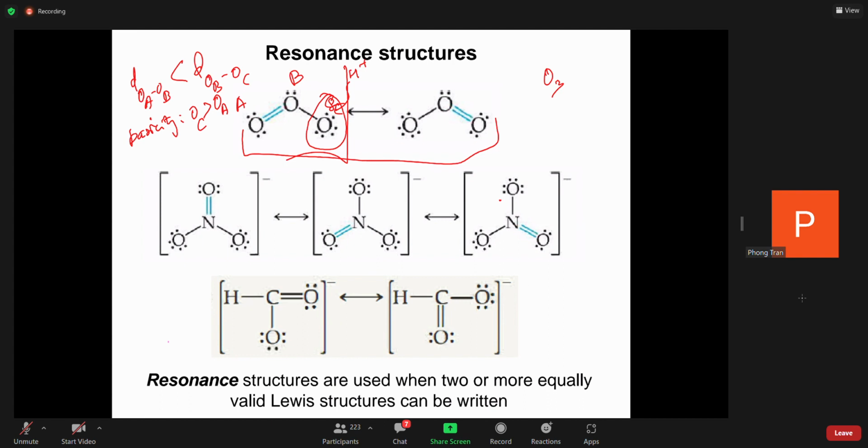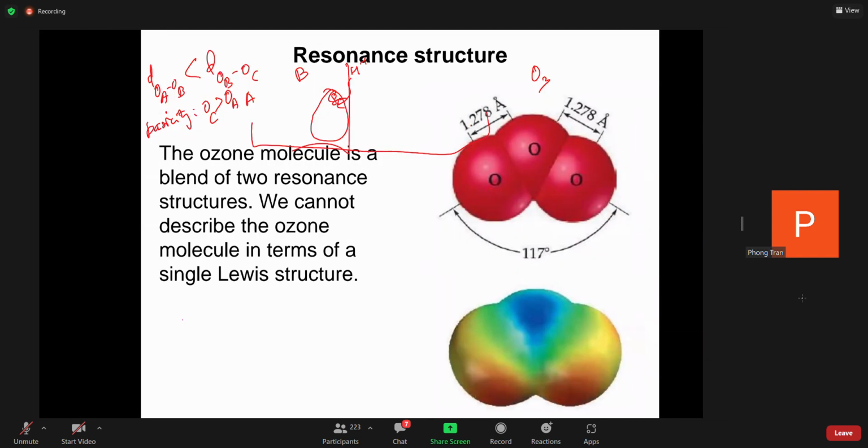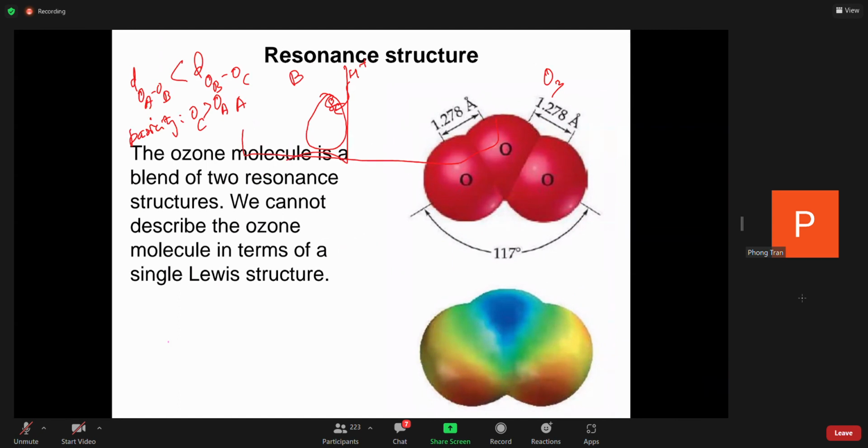In terms of chemical bonding, the bond lengths between O-A, O-B and O-B, O-C are exactly identical. So you see that in the molecule O3, the bonds are exactly identical. You cannot say that O-B, O-C is longer than O-B, O-A.